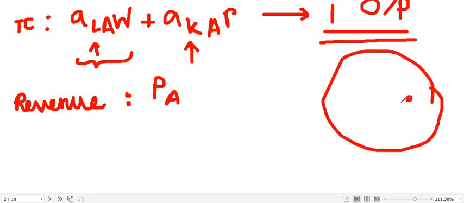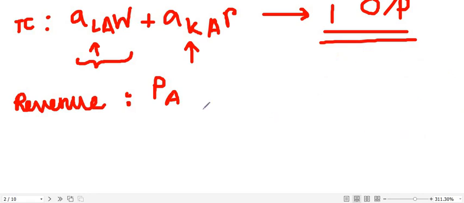Essentially that means that it's an agent of the perfectly competitive market. It means that the economy takes the price as given. That means PA is given exogenously. We cannot choose it. So PA is an exogenously given constant, and that has to be matched with my cost, right? Only then I can consider perfect competition.